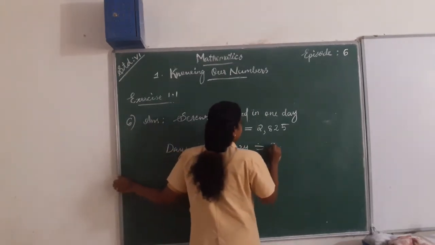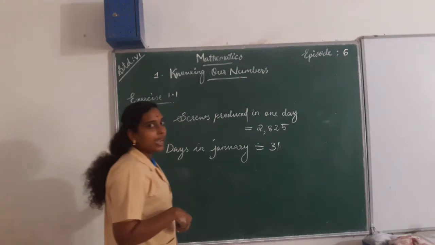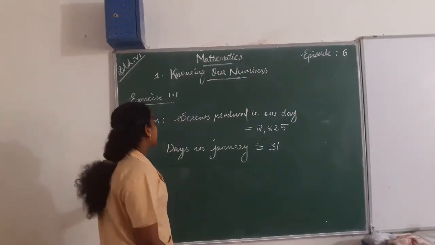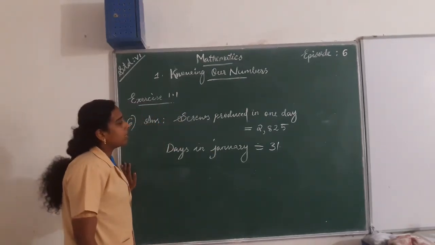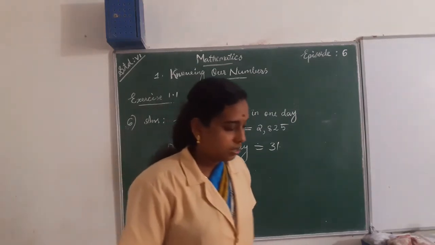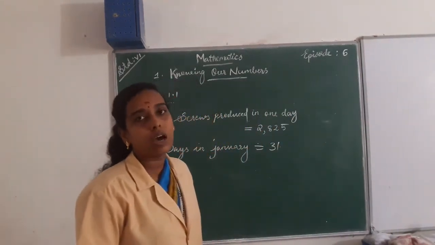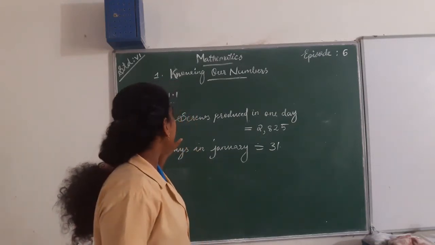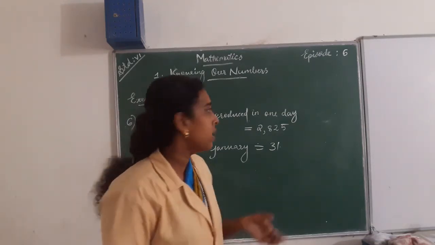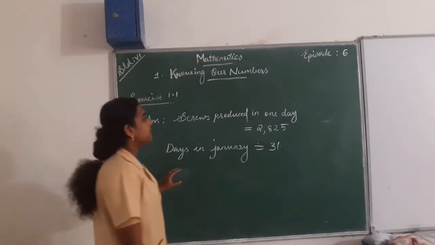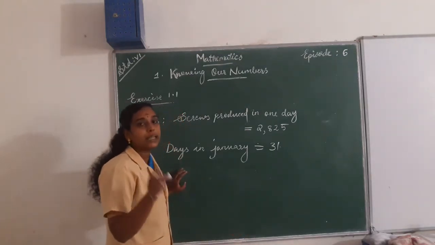Yes, 31 days. So we write 31. And next we want to find the screws produced during January 2006. For finding that, we use multiplication.